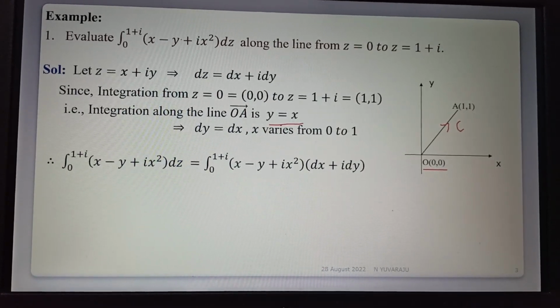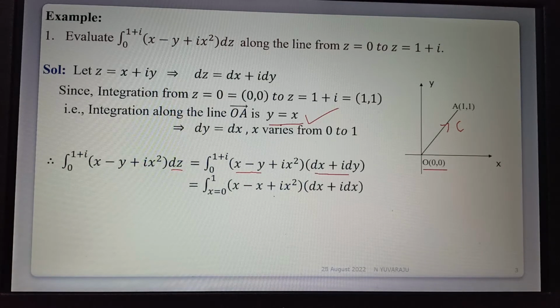That is equal to the integration from 0 to 1 plus i of x minus y, with y equal to x substituted, so x minus y plus i x squared into dx plus i dy. dz is equal to dx plus i dy. Since we are converting y to x, we choose only the x limit, 0 to 1.